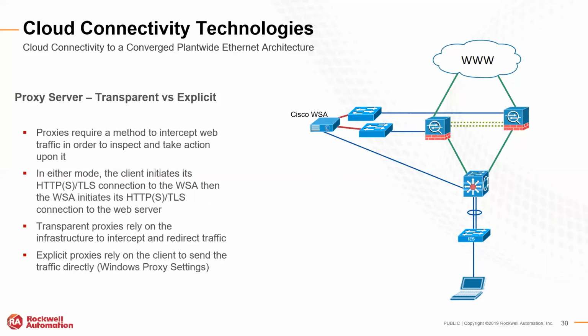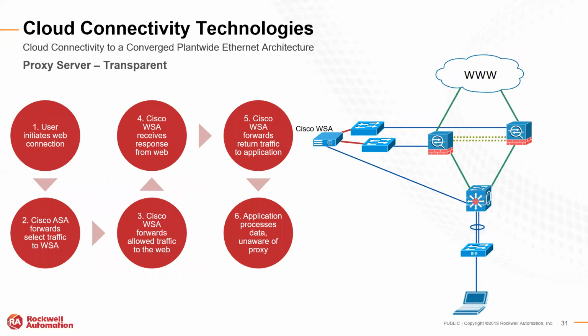Transparent or explicit are the different modes of how the proxy server works as far as the HTTPS or TLS connection. The Web Security Appliance, the WSA, initiates communication and then goes to the web server. Transparent proxies rely on the infrastructure to intercept and redirect traffic. Explicit proxies rely on the client to send traffic directly.